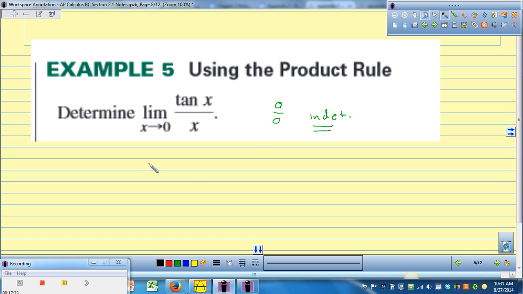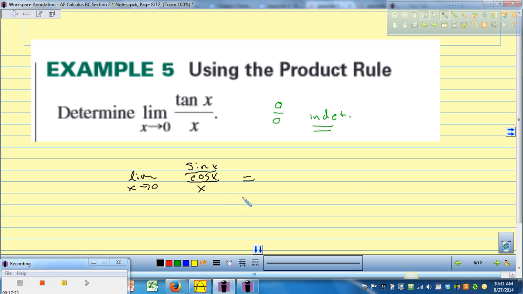Yeah, so tangent can be written as sine of x over cosine x, all over x. That should be sine of x over x cosine x, which then we can make 1 over cosine x. We can change it as x approaches 0.